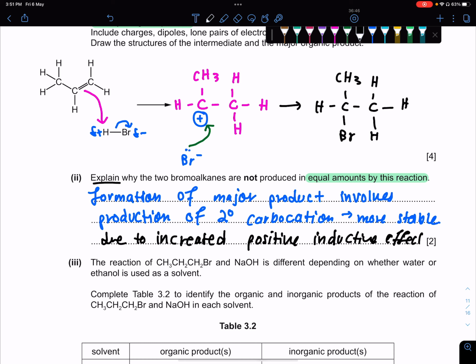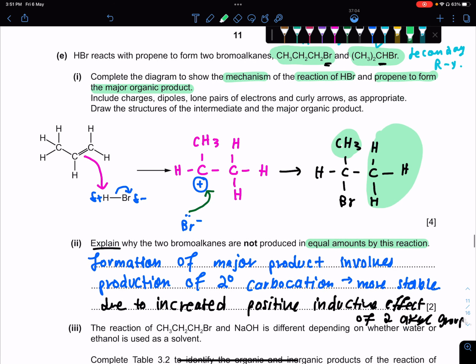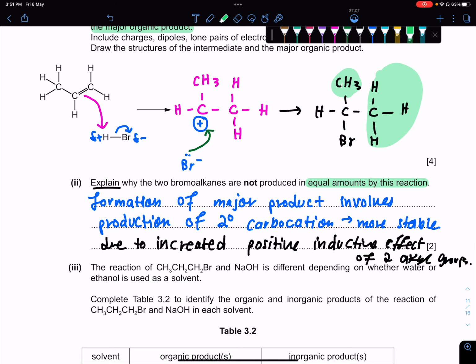Like in this case, there's only one alkyl group on the carbon atom that is bonded to the halogen. And here there are two, right? So this is one, and this whole is one, right? More stable, so that's why increased positive inductive effect of two alkyl groups.